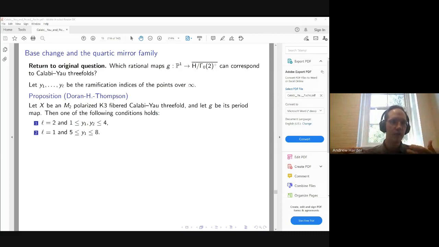This was essentially Alan Thompson doing hard birational geometry. You take a family of K3 surfaces, you take a cover ramified along very singular fibers, and you try to figure out when this cover is going to have a smooth Calabi-Yau model.